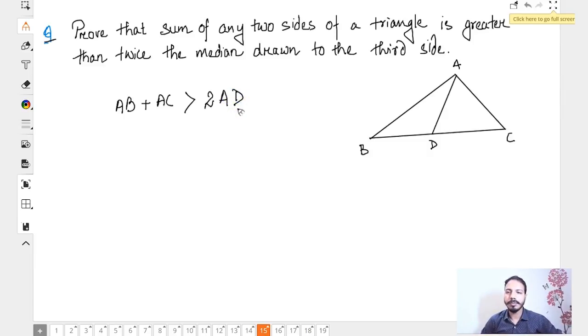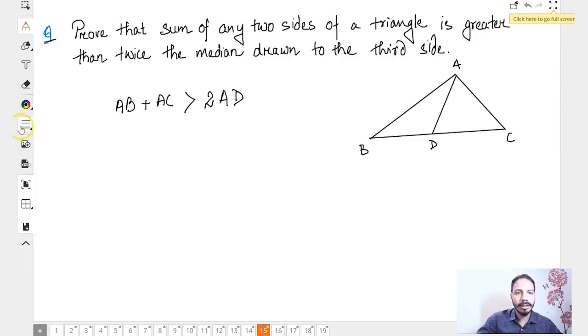So how to do this? Think about it. In these types of problems, these are inequality problems, and the hint is you cannot directly prove this, right? So you need some kind of construction here. Now what construction will you take so that you can prove this?